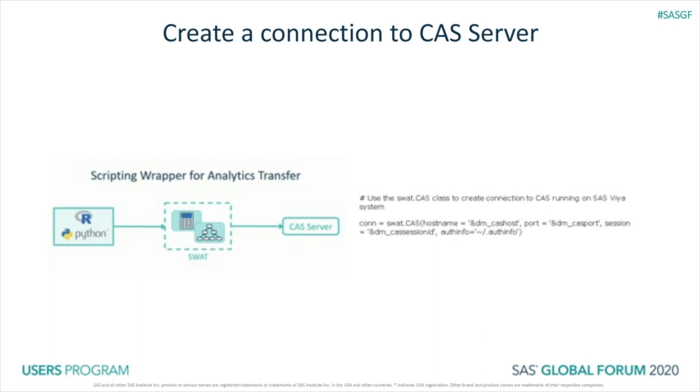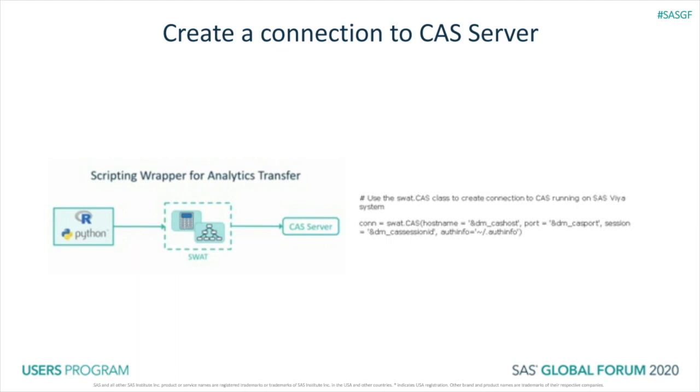We are using the swat.CAS class to create a connection to the CAS server running on the SAS Viya system. You must have an auth.info file so that you can specify your credentials to the controller. The DM_CAS host and DM_CAS port macro variables are initialized to point to the CAS server used by Model Studio.